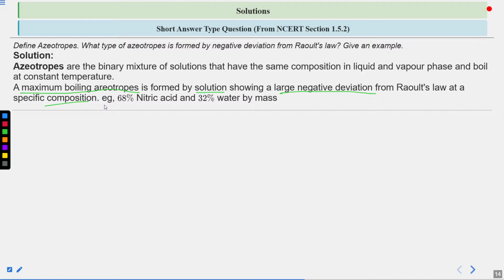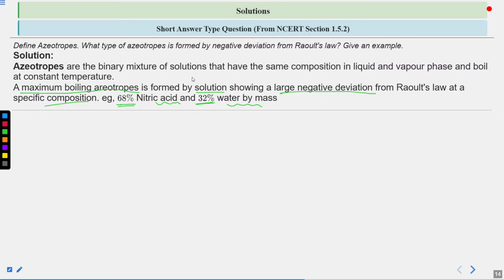An example is 68% nitric acid and 32% water by mass. This is an example of a case where an azeotrope is formed by negative deviation from Raoult's law, which is basically a maximum boiling azeotrope.